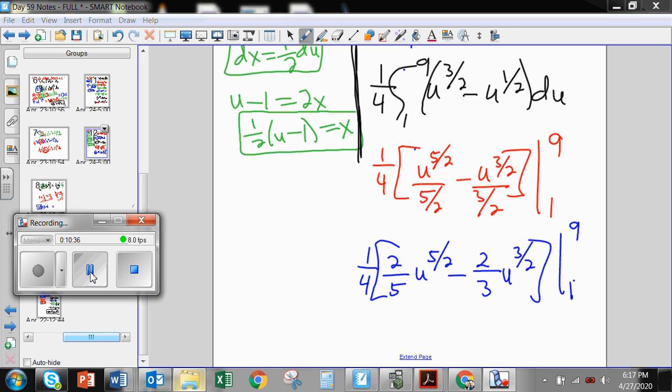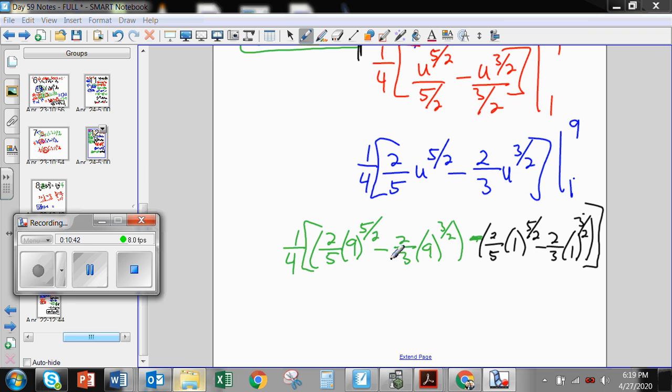Okay, and now let's put in the 9 and then put in the 1. We're simplifying. Okay, we put a 9 everywhere, and they made it easy for us. First of all, we don't have a plus C because it's a definite integral, because we know it's on the interval from 1 to 9. Square root of 9 is 3, to the 5th power.